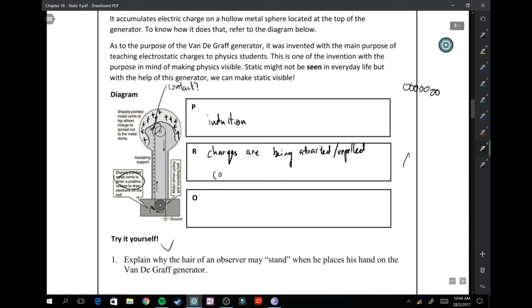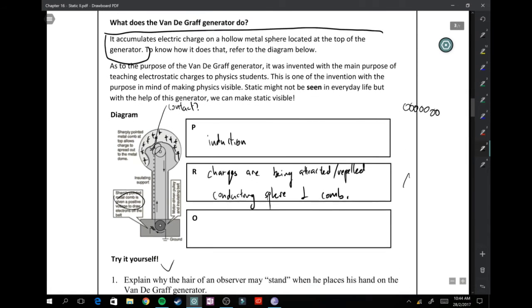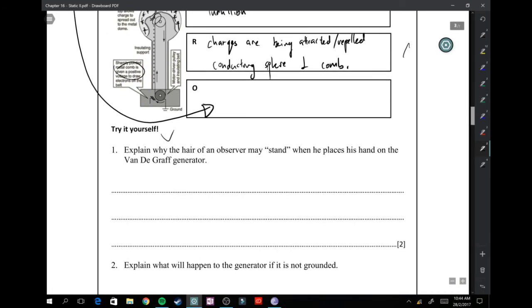The parties involved are the conducting sphere as well as the comb. Okay, and the outcome is, of course, this. This is the outcome. Alright, so that's how this Graaff Generator works.